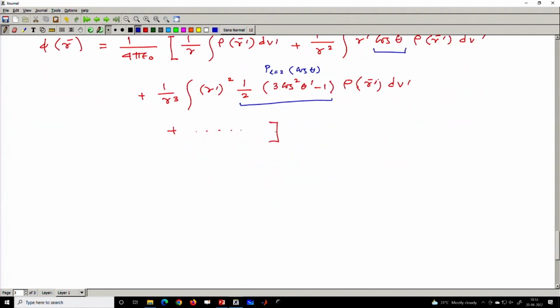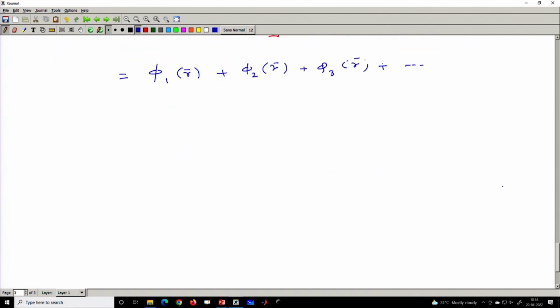So, now I can write these things individually, like phi 1(r) plus phi 2(r). So, the entire potential is divided into different phi's, where these different phi's, phi 1, phi 2, phi 3, correspond to the values like this.